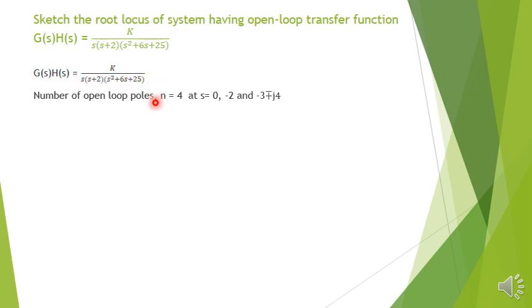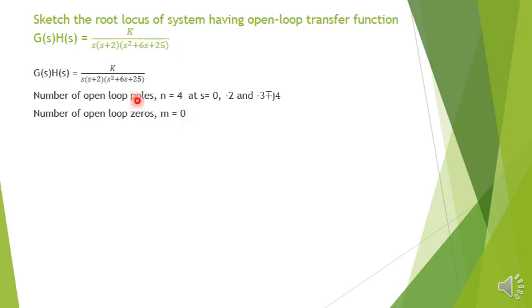So the number of open loop poles is 4, at s equal to 0, s equal to minus 2 and s equal to minus 3 plus or minus j4. These are the pole values we obtained by equating the denominator polynomial to 0. Number of open loop zeros m equal to 0. This is because the numerator polynomial does not exist. So the number of open loop zeros is 0.